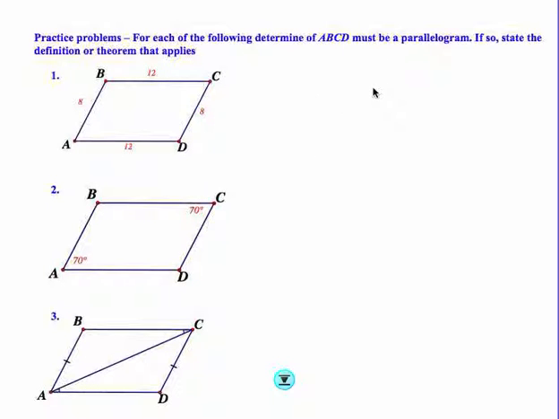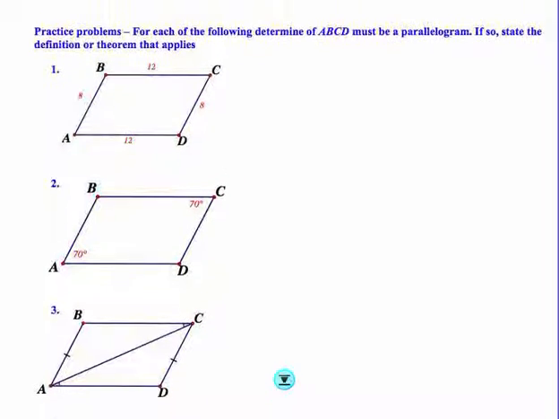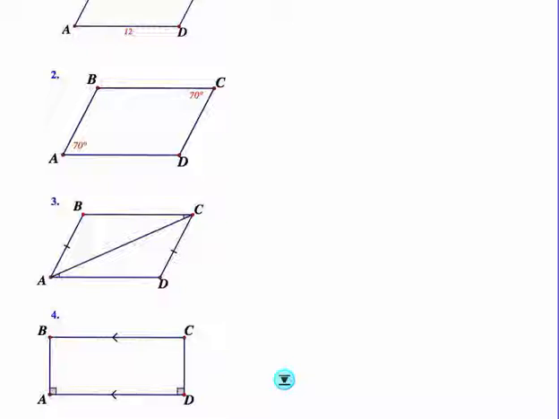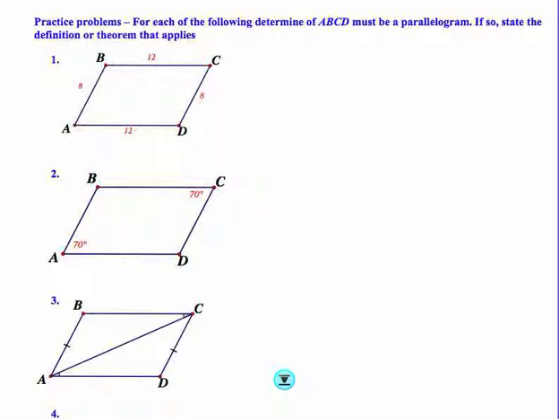Okay, so this is part 2 of the lesson on 5.2, which is proving quadrilaterals. Proving that quadrilaterals are parallelograms. And so at this point, you should have made an attempt at each of the 4 practice problems to determine whether or not, based only on the given information or the markings, we could prove that the figures are parallelograms.